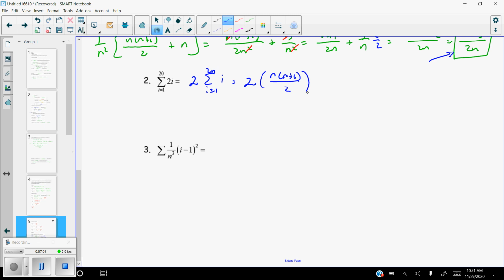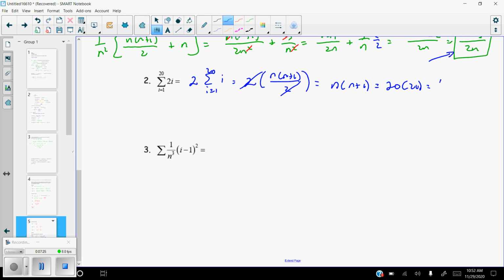Well, in this case, n is 20. So literally, I could just plug 20 into n and n plus 1, but we're going to go ahead and simplify. The 2's will cancel out, and that would just give me n times n plus 1. But again, n here is 20. So it's going to be 20 times 21. And that's going to be, let's see, 21 times 10 is 210.